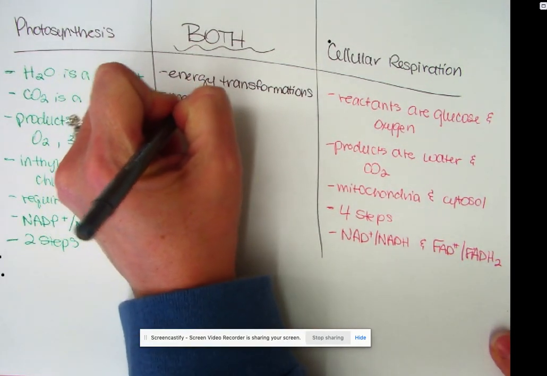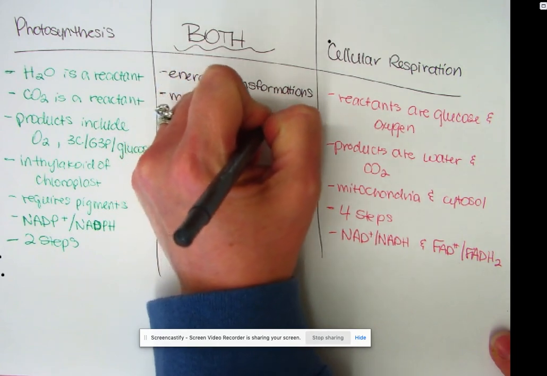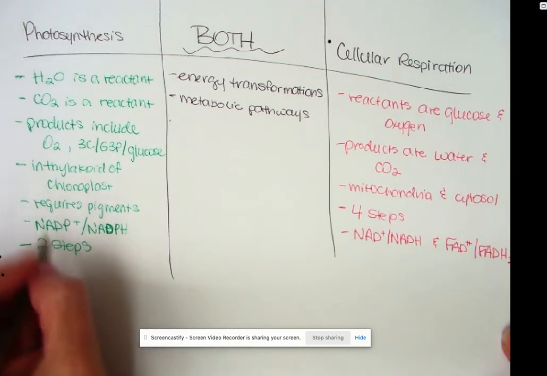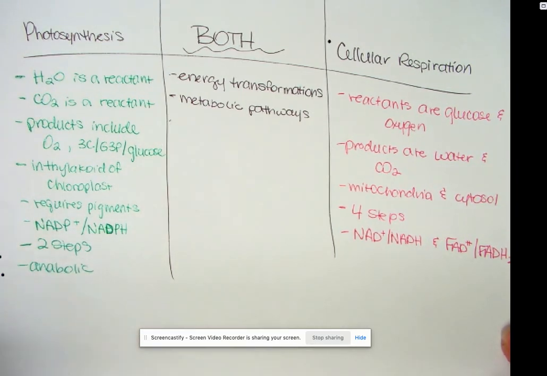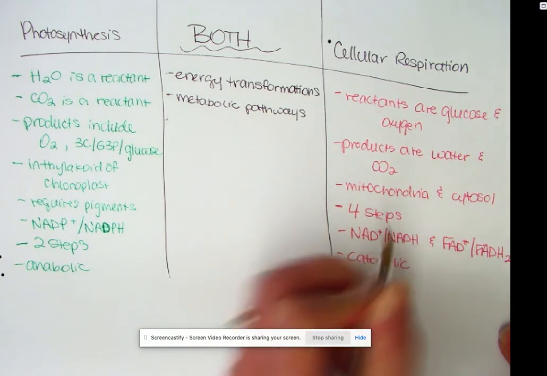They are both metabolic pathways, which just means they're made up of chemical reactions. You could say that this is anabolic, meaning it builds up, whereas respiration is catabolic, meaning it breaks down.